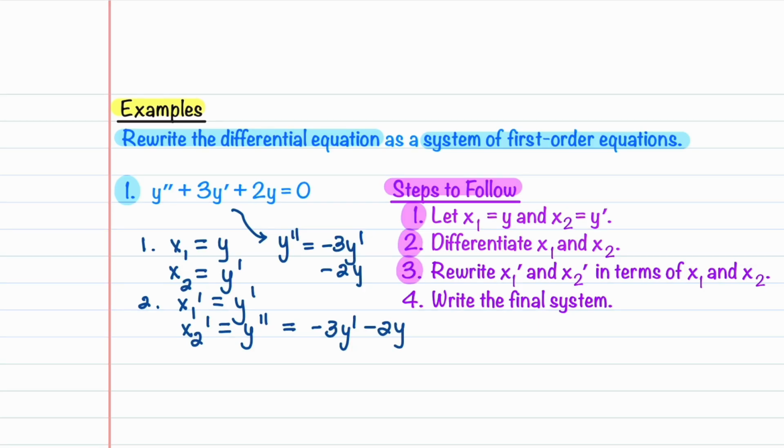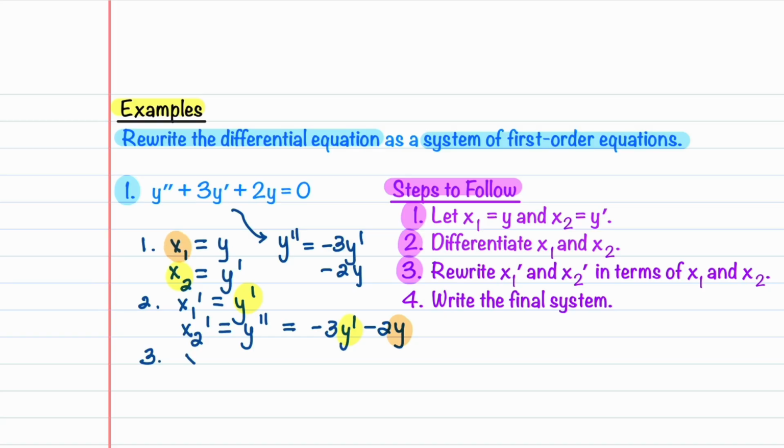In step 3, we are going to rewrite both x1 prime and x2 prime in terms of x1 and x2. That means we're going to substitute in for y prime, which is equal to x2, and then we'll substitute in for y, and y is equal to x1.